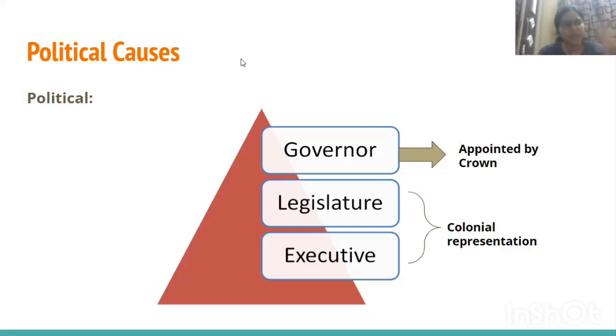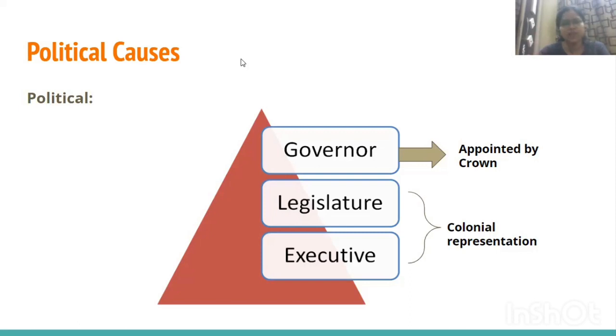Each colony also had its parliament, with a legislative wing and an executive wing, and in these the people of the colonies were elected as colonial representatives, under a governor appointed by the British Crown.